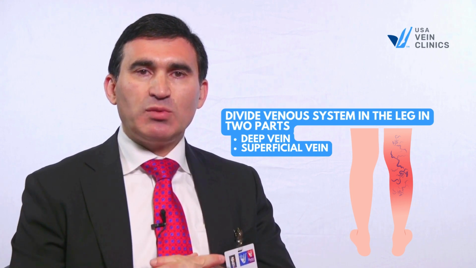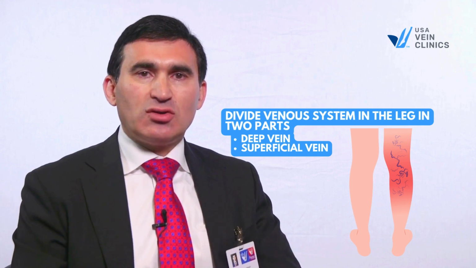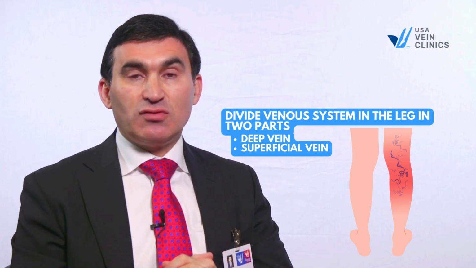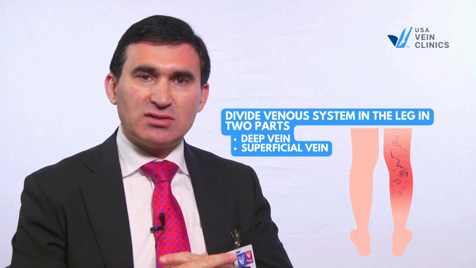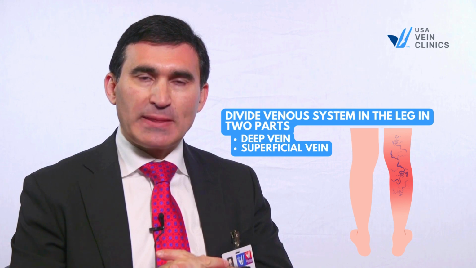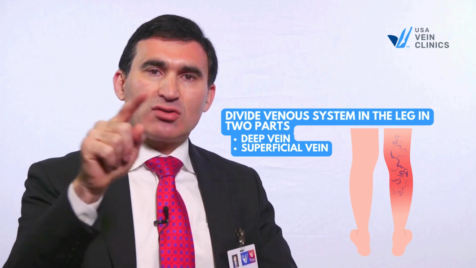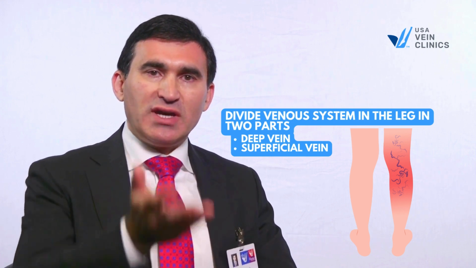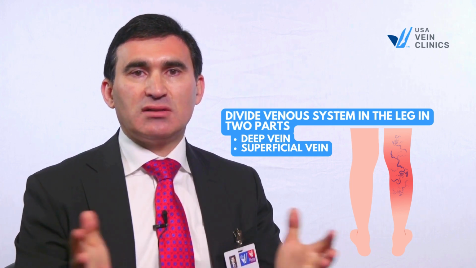So all this blood that finally goes up in the deep system has an opportunity to fall down, according to gravity, through malfunctioning valves in the superficial system. So that becomes a secondary circle of circulation in each leg between good veins and bad veins. What's the end result? Flood.